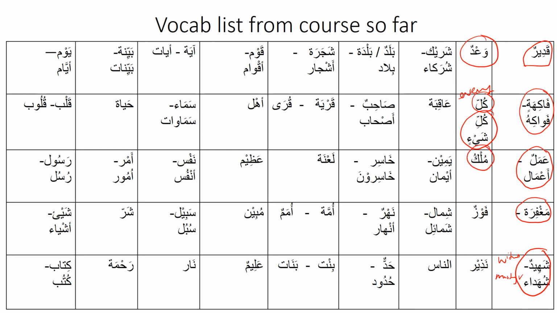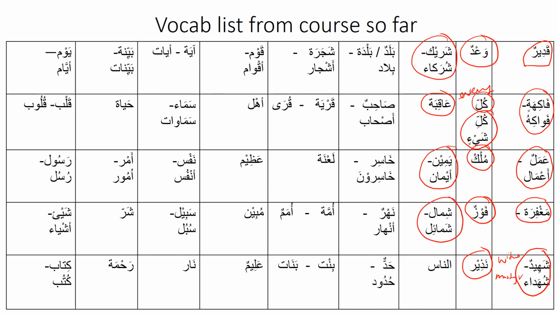Mulku means dominion. Fawzun means success. Nadhirun means warner. Sharikun, shuraka, partner, partners. Aqibatun, end result or outcome. Yameen, aman, right hand side or right hand.